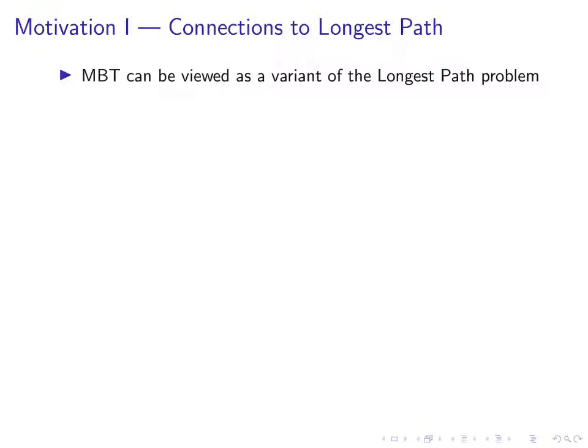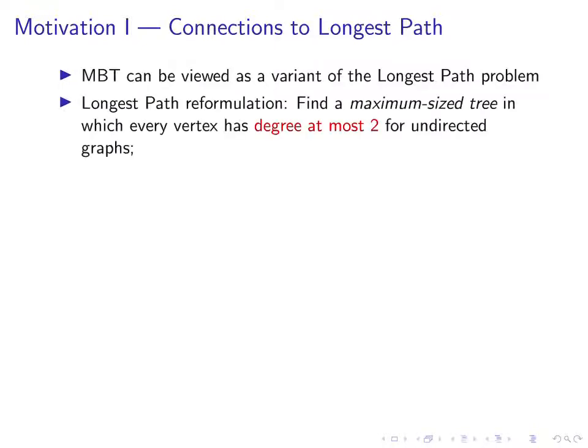Our problem is motivated by two problems. First, it's the longest path problem. MBT can be viewed as a variant of the longest path problem. Consider the following reformulation for longest path. The goal is to find a maximum size tree in which every vertex has degree at most 2 if the given graph is undirected.